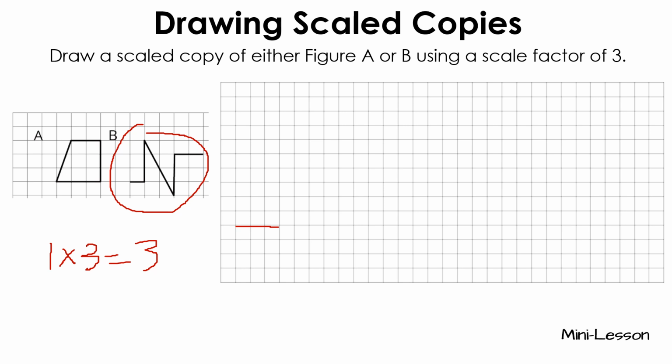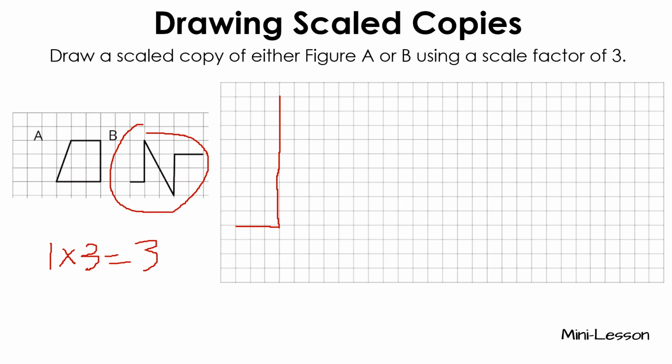Then I'm going to look at this line here. So this line is 1, 2, 3. And 3 times 3 is 9. So I must go up 9. 1, 2, 3, 4, 5, 6, 7, 8, 9. Awesome job.